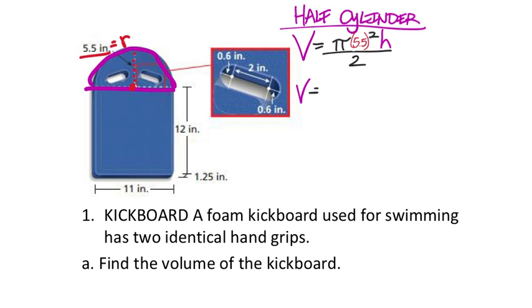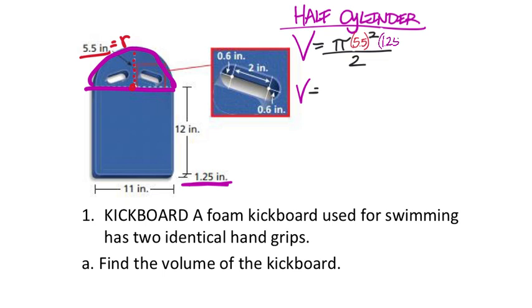And we also know the height of this shape. Again, that's the depth of the full shape down here, 1.25. So I'm going to go back to my formula, height, and replace the height with 1.25.